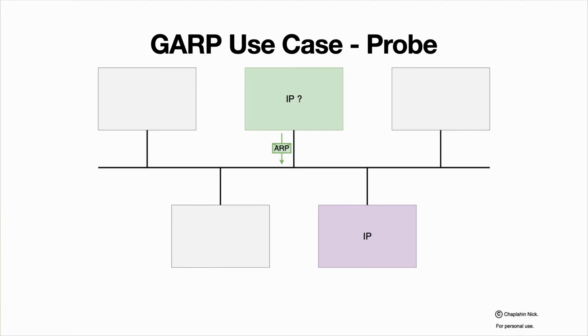Now talking about GARP. GARP is a process of generating ARP packets with a specific structure. How fields in a GARP packet differ from a standard ARP packet is described in the specification.